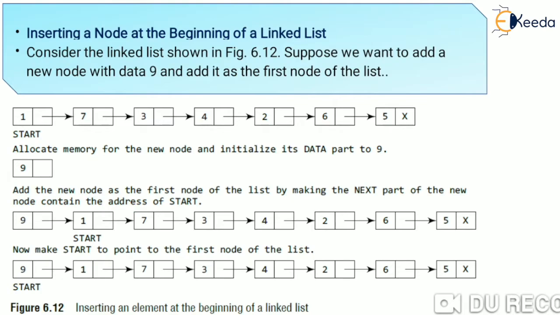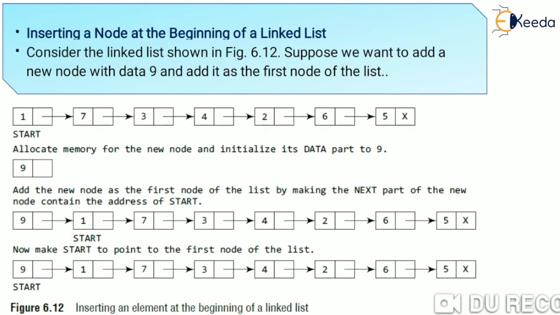Now we allocate the memory for the new node containing data 9. The next part of that node 9 now points to the start. And now make start point to the first node of the list.